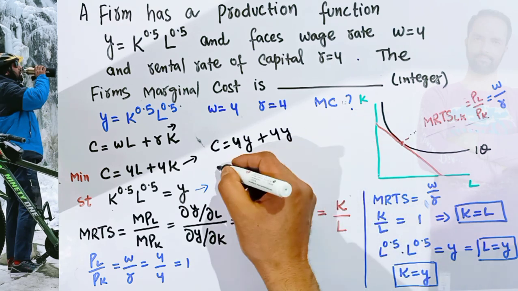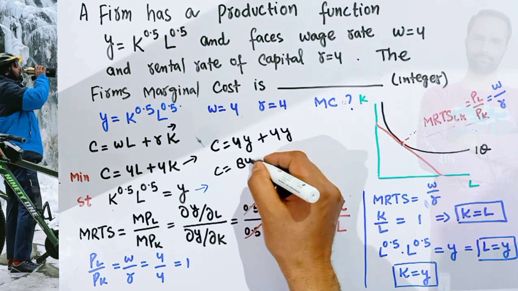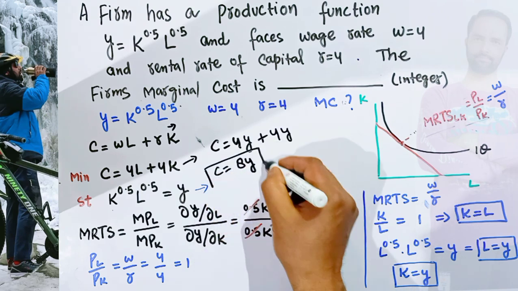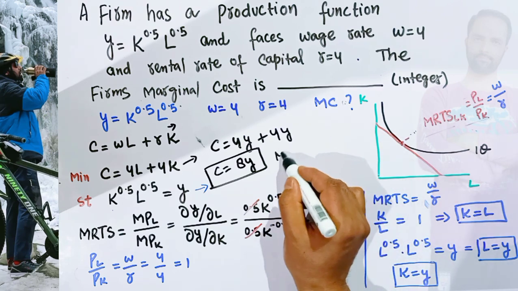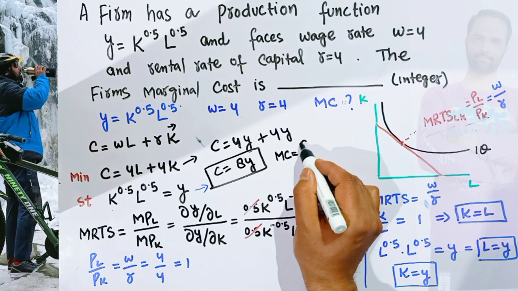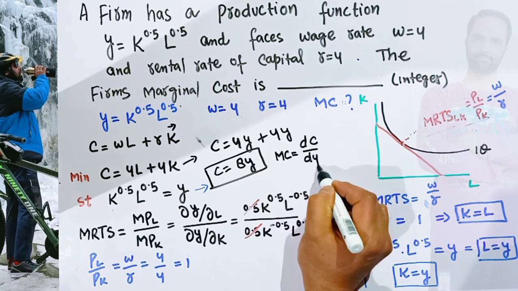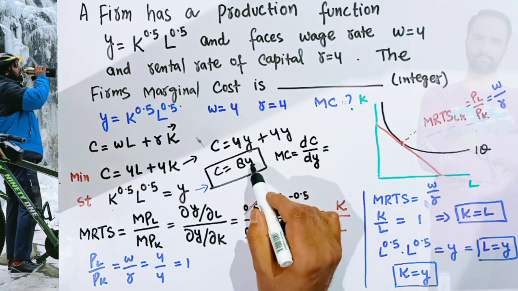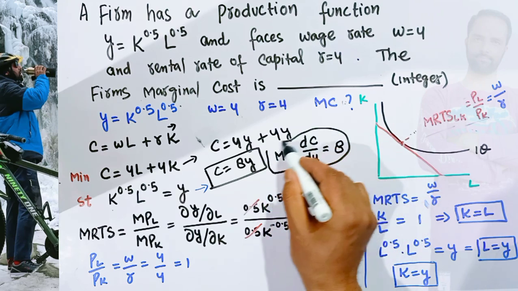That adds up to 4y plus 4y is 8y. So this is our total cost function, but we need to find the marginal cost. Marginal cost is simply the derivative of the total cost function with respect to output. If I take the derivative, y becomes 1, so we are left with 8 only. That means marginal cost will be equal to 8.